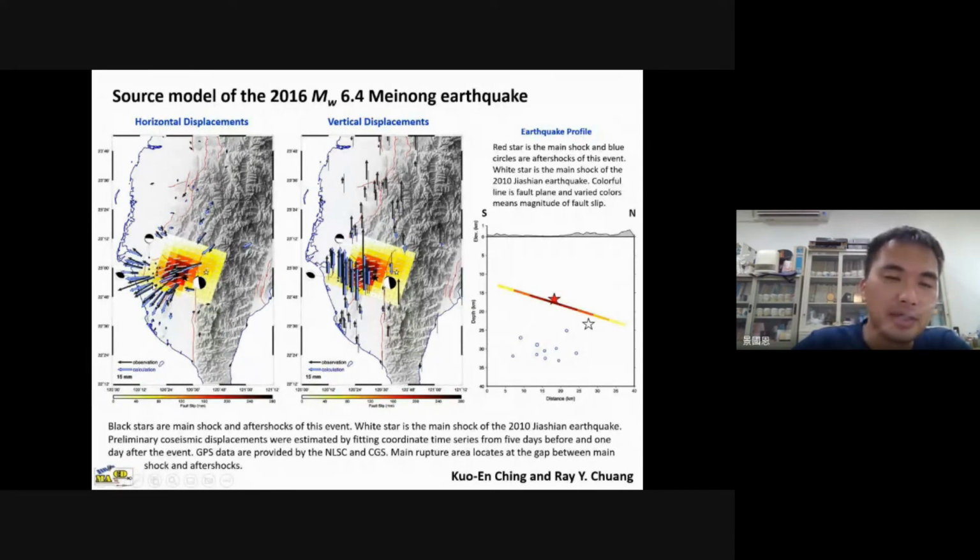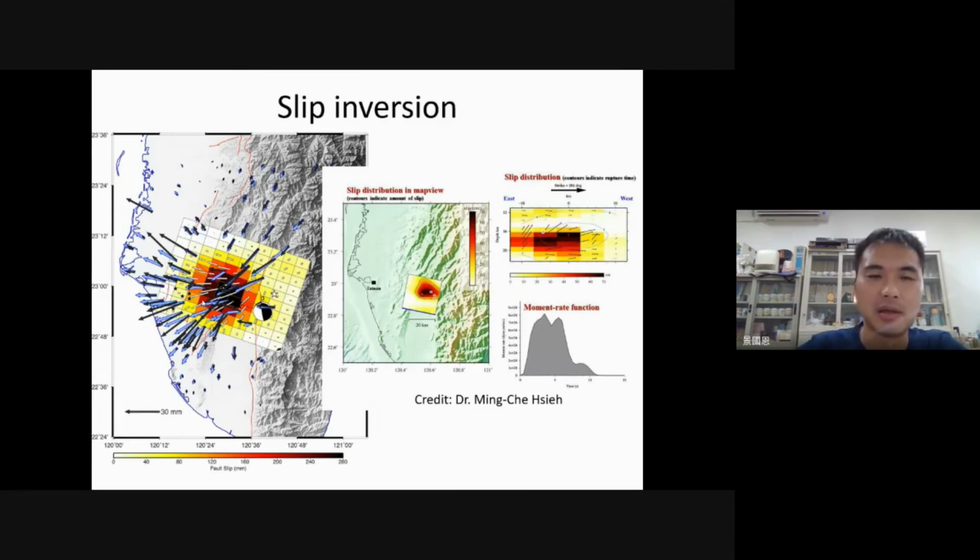We know that in the future, the same area over here will release energy and cause an earthquake once again, maybe several hundred or several thousand years later. So that is what we learned.